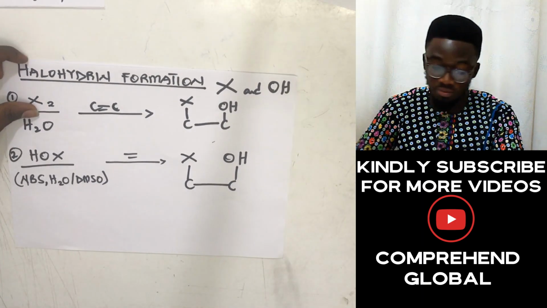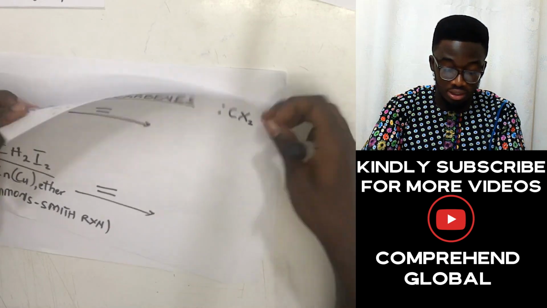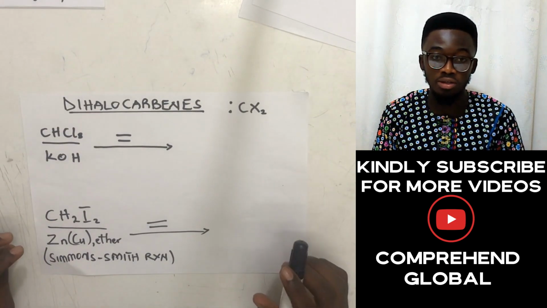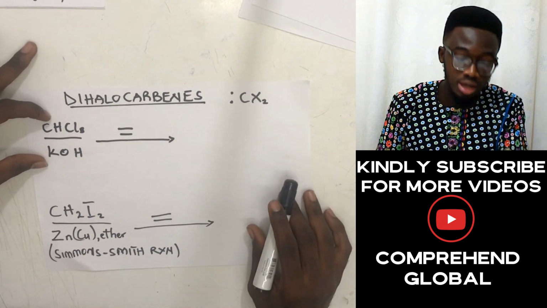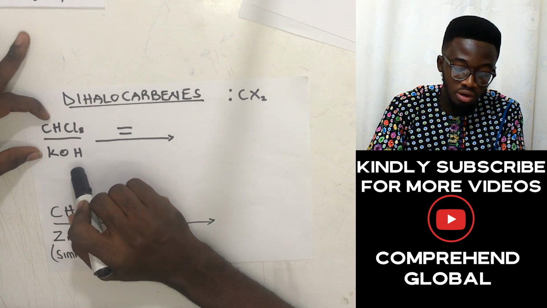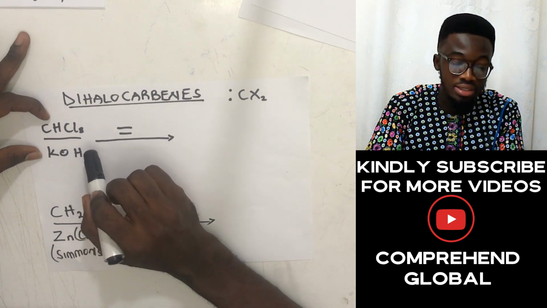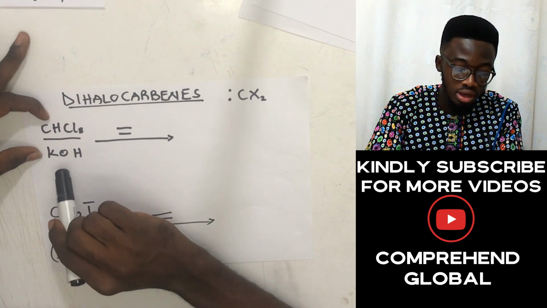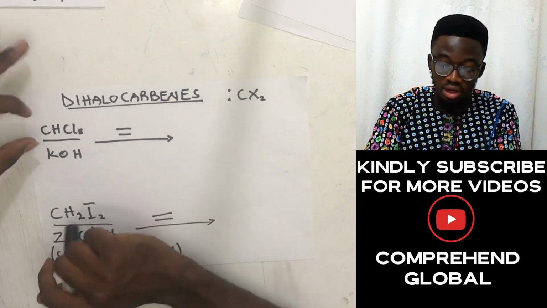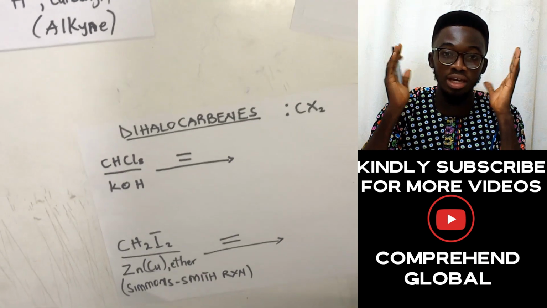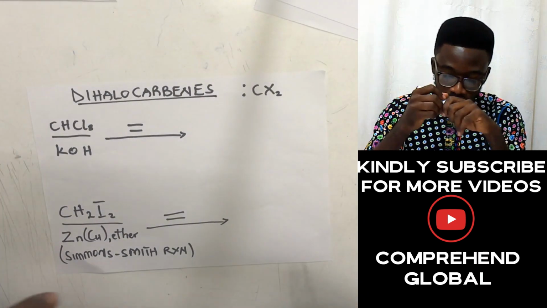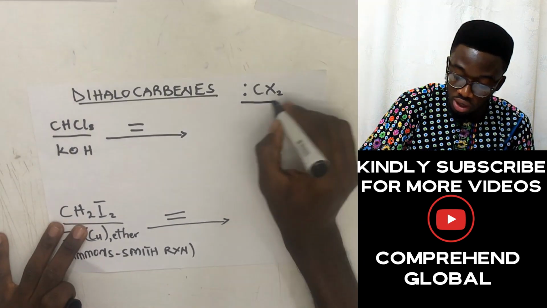Okay. Now the next reaction that we are going to look at is dihalocarbenes. When you see a reagent like chloroform, when you have chloroform in the presence of potassium hydroxide, or CHCl3 in the presence of KOH, there is first an intermediate formed. That intermediate is the dihalocarbene.